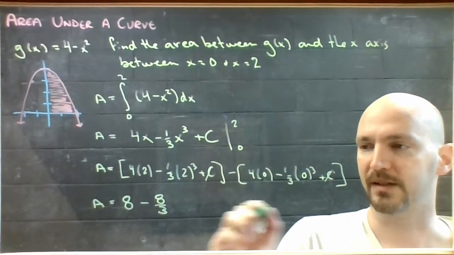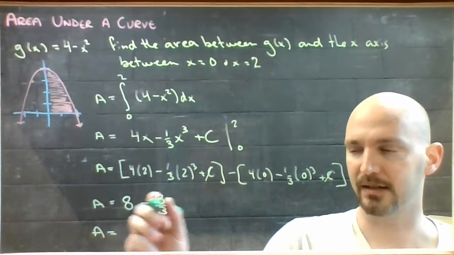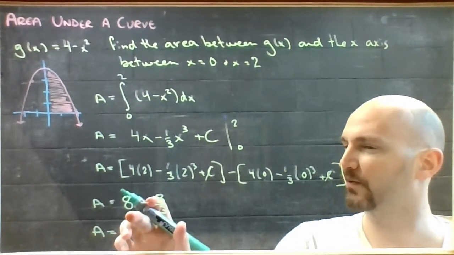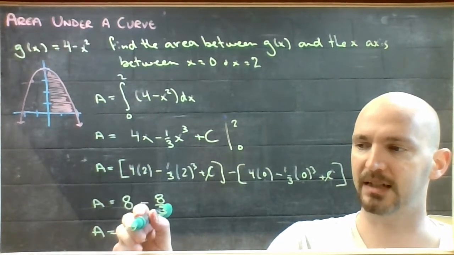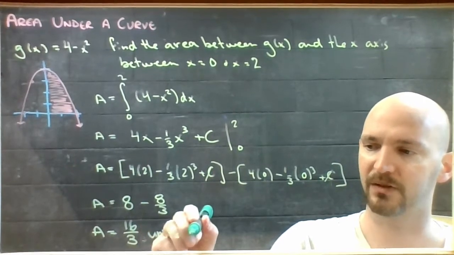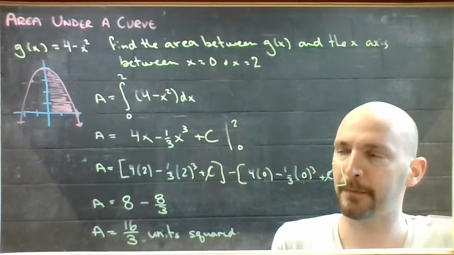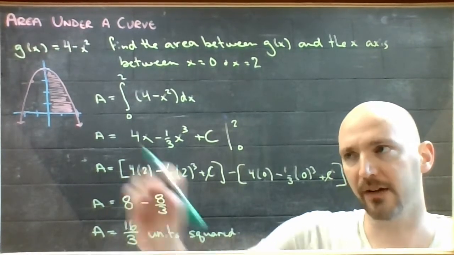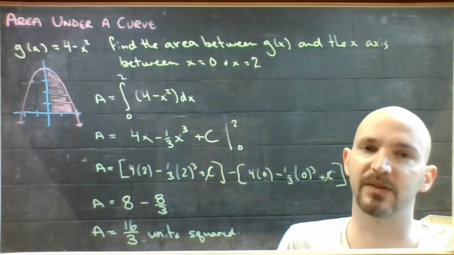That's 0, so that's it. 8 minus 8/3. And 8, if I get common denominator, that's 24 over 3. Subtract 8 over 3 would be 16 over 3 units squared. So the area under this parabola is exactly 16/3 of a square unit.